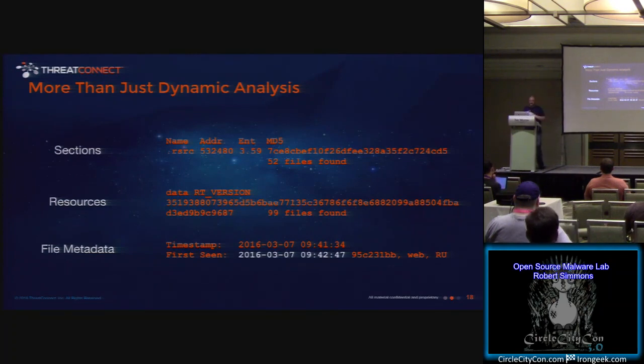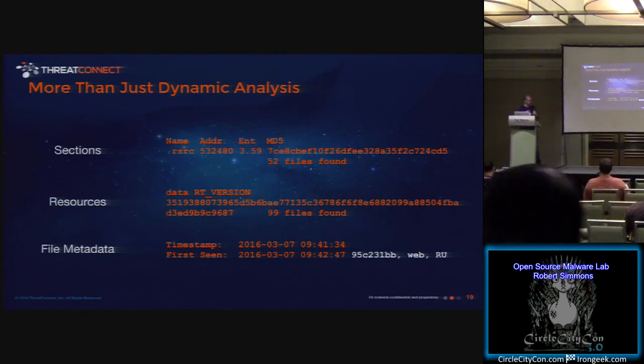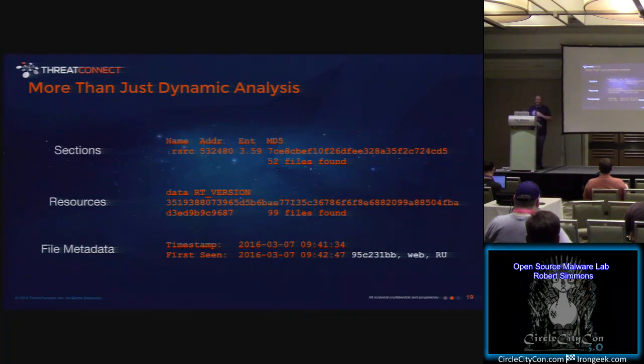Very, very unlikely. So what VirusTotal gives you is a hash value, which represents, I believe, the IP address and maybe a little bit more information about that individual or entity that submitted the file. And they give you this particular hash for all the files that are submitted. So now I know that this particular piece of malware was submitted by this hash from the web and from Russia.